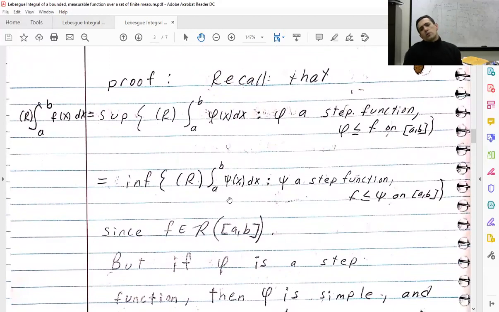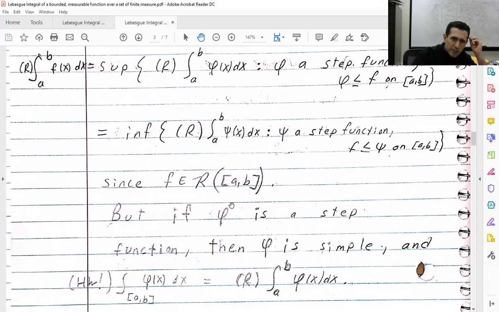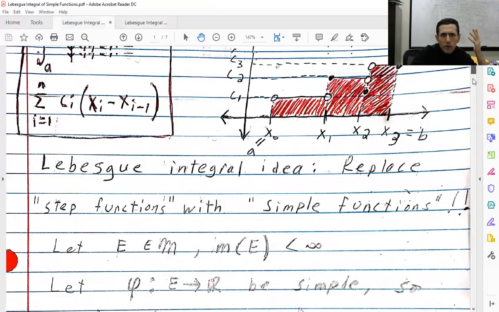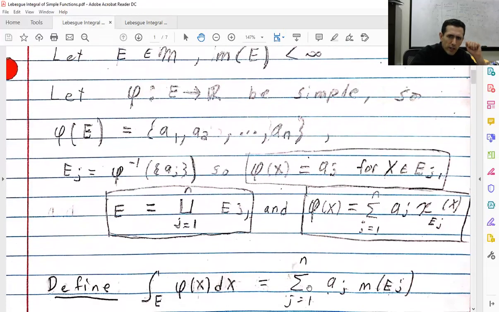Okay. So two easy observations. One is that step functions are simple functions. That's trivial. It's very easy to check that step functions are measurable, and clearly step functions take on finitely many values. And also, if I have a step function on a to b, well, since it's a simple function, we can take the Lebesgue integral in the sense of the Lebesgue integral defined in the previous video and PDF, right here.